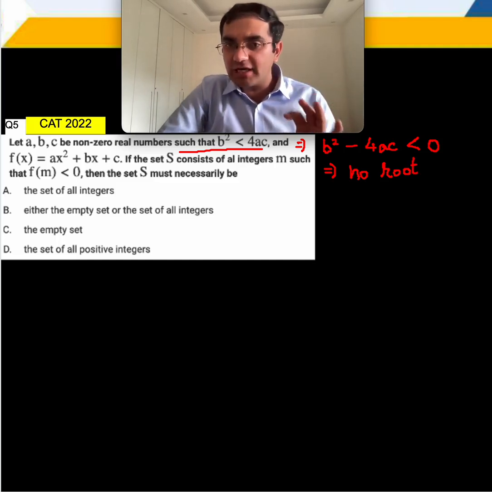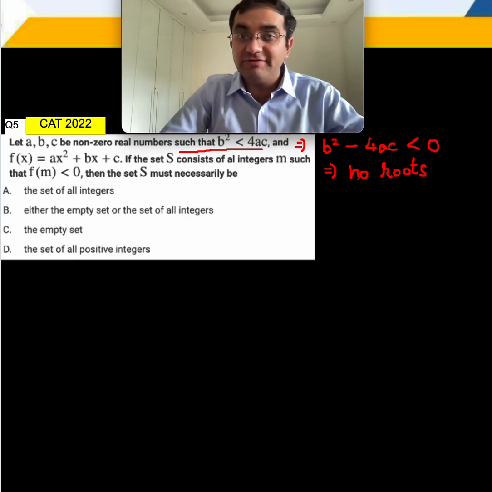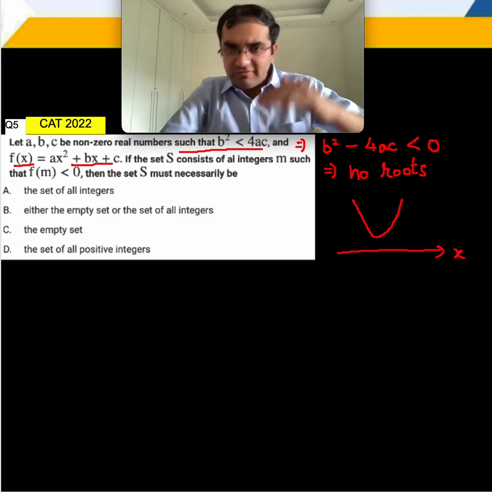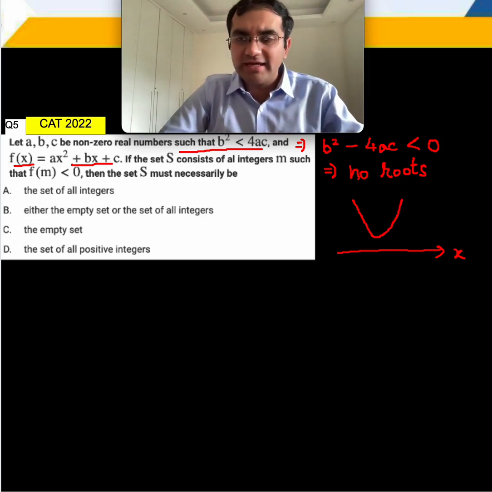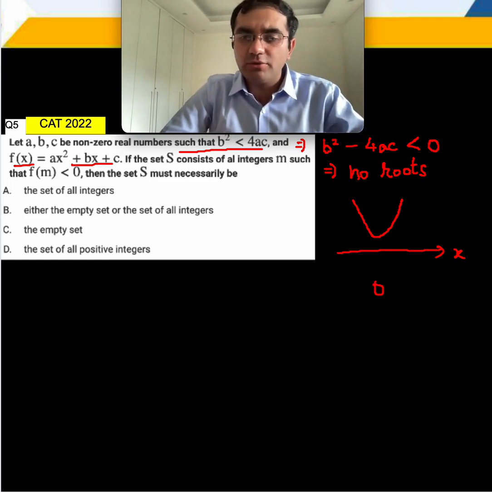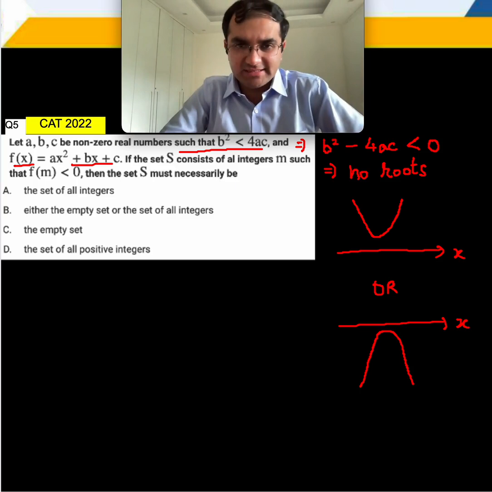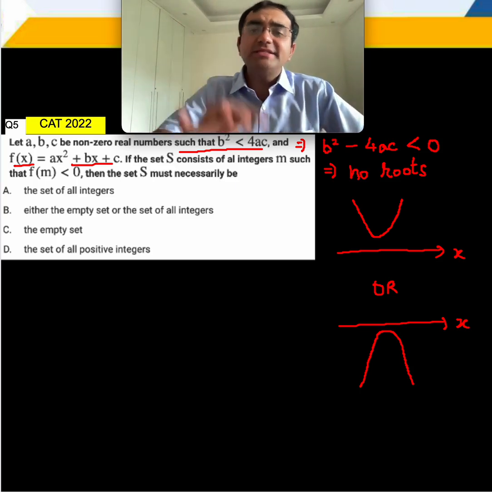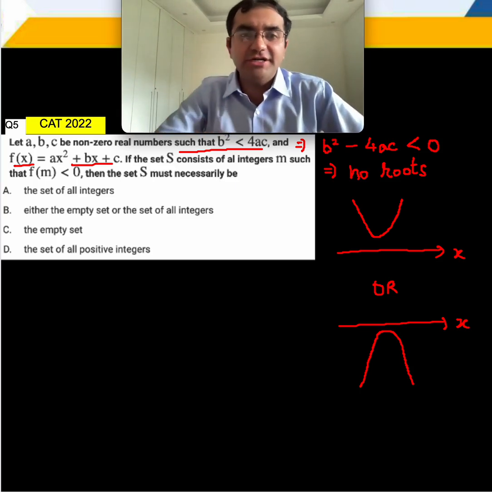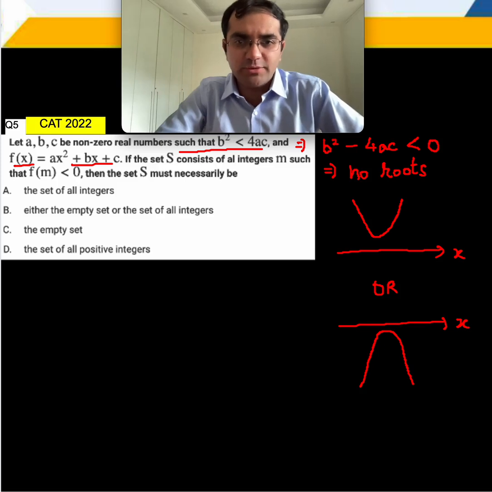So what will the graph look like of a quadratic that never intersects the x-axis? ठीक है? It would either be always positive, it's always above the x-axis, it's an upward opening parabola, or it would be always below the x-axis and a downward opening parabola, such that it never ever intersects the x-axis. ठीक है? These are two possibilities for the given condition with no roots, quadratic with no roots.